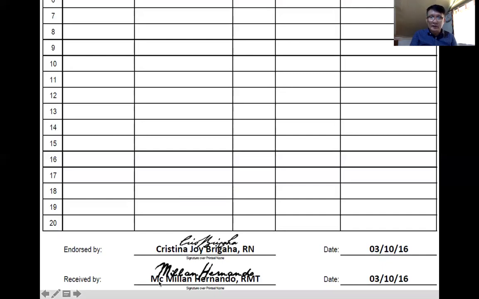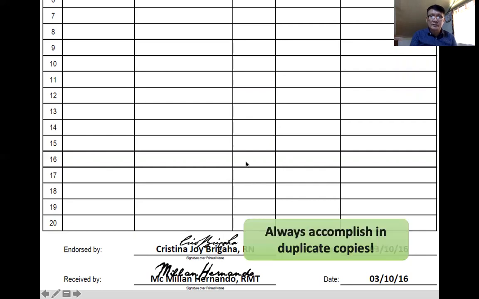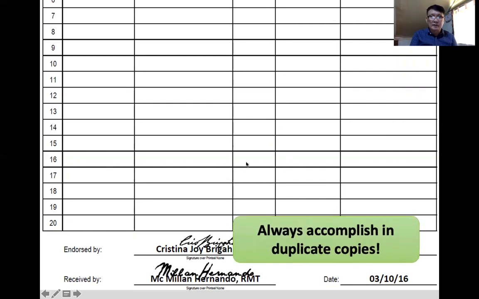So the name should appear here, including their signature and also the date. Okay, so let's continue. But before we proceed, always remember to accomplish this form in duplicate.